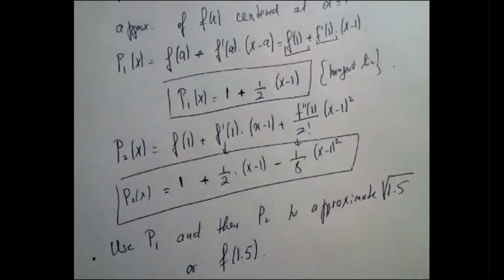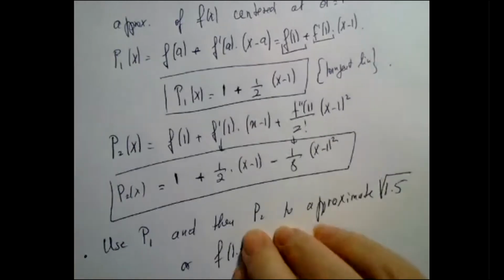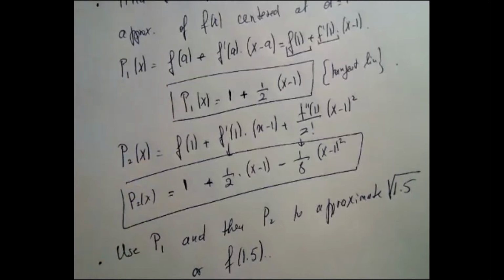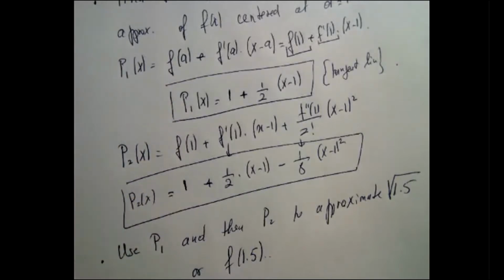Now, before we do that, let me share the screen a little bit with you so we can see graphically P1 and P2. So I'm going to share the screen with you to do that.